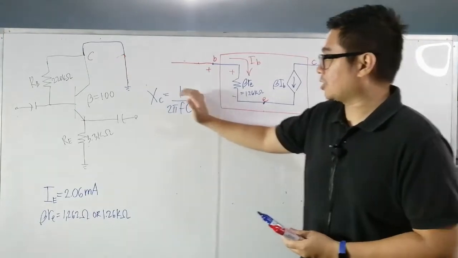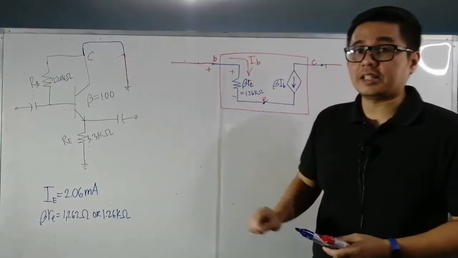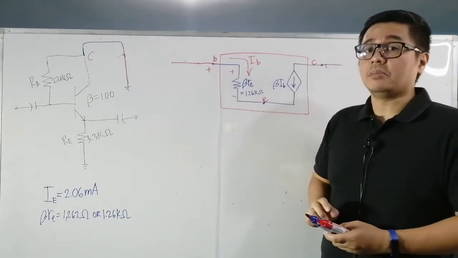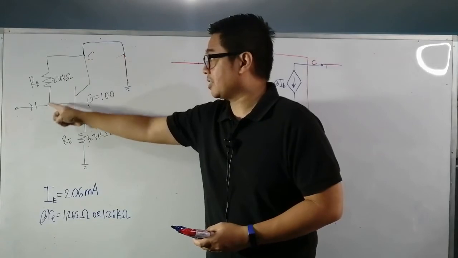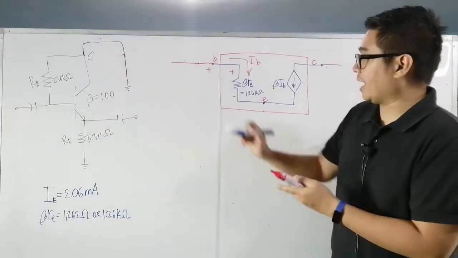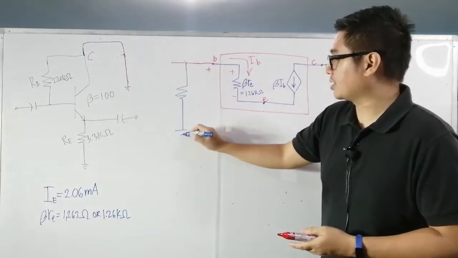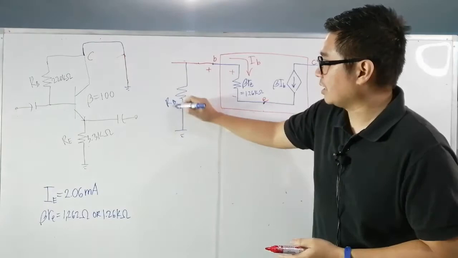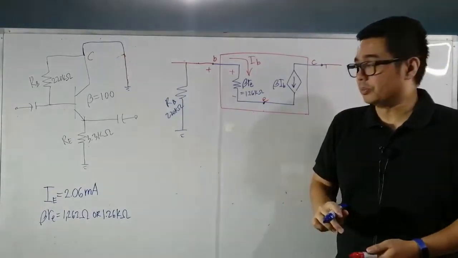The next step is to draw the external resistances dito sa ating R sub E model. Unahin natin si R sub B. Si R sub B is placed in between the base and the ground. So this is your base. We can place here yung R sub B, and then this is the ground. This is R sub B equals 220 kilo ohms.